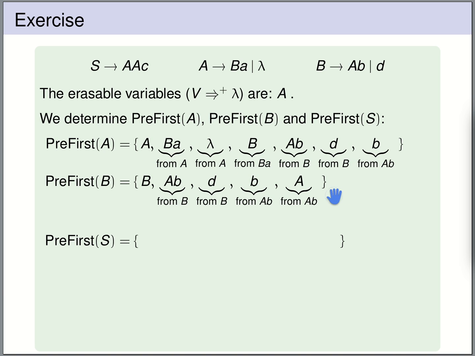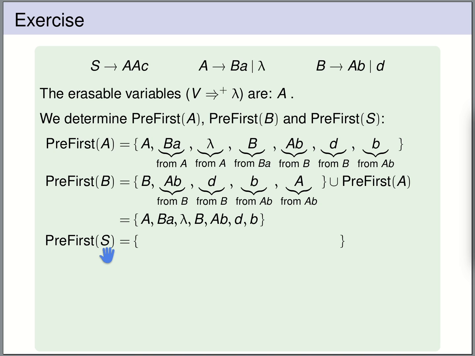So we can take just the union with pre-first A, which we have already computed. And this gives us this set. So pre-first B contains pre-first A because we have an A in here. Likewise, pre-first A contains pre-first B because we have a B in here. So it's not surprising that these two sets are the same.